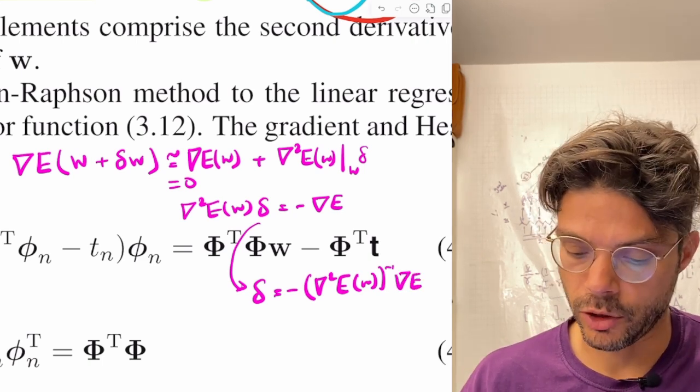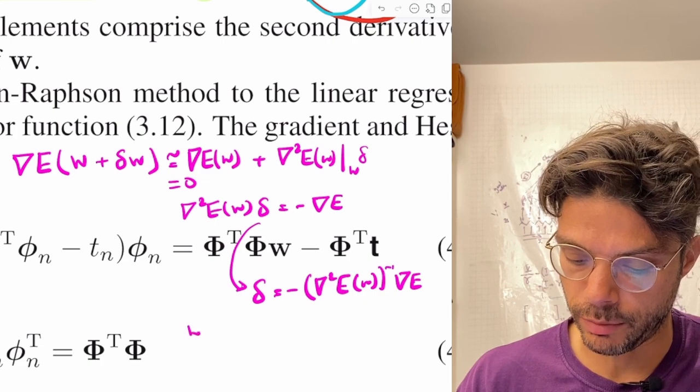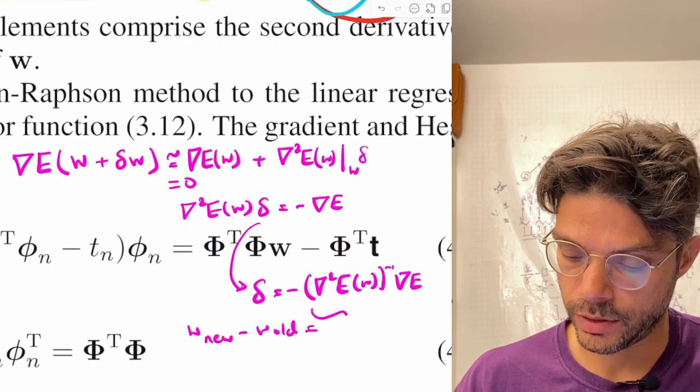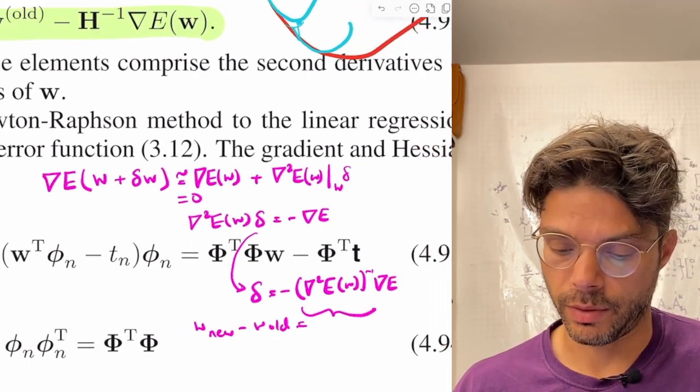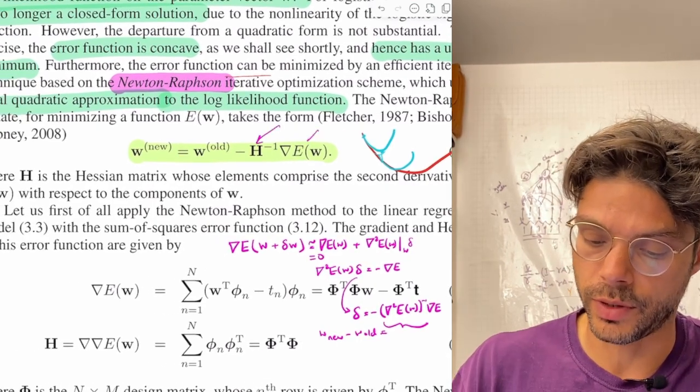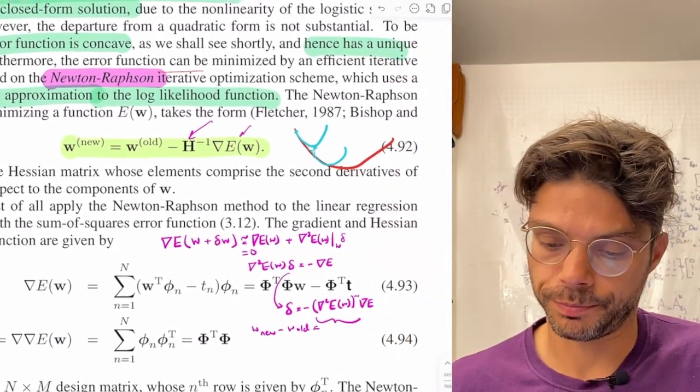Then you just say, well, this is equal to w new minus w old, equals all of that, and from that you get the update above. So this would be your curvature function, and this is your gradient. Okay, cool.